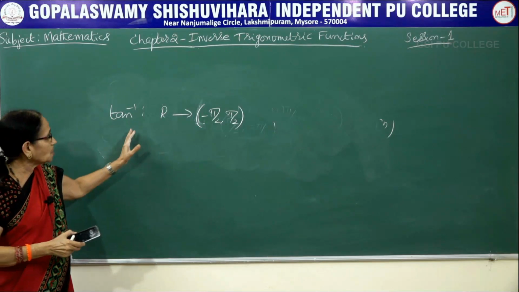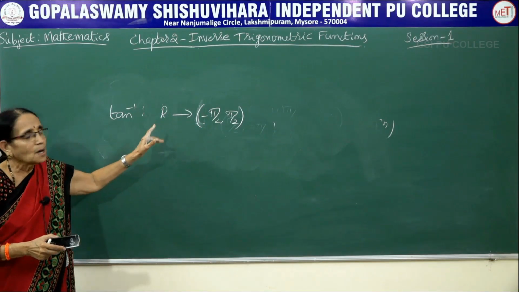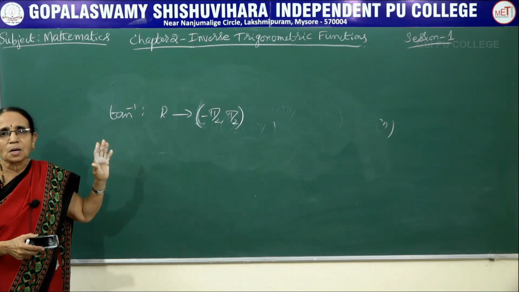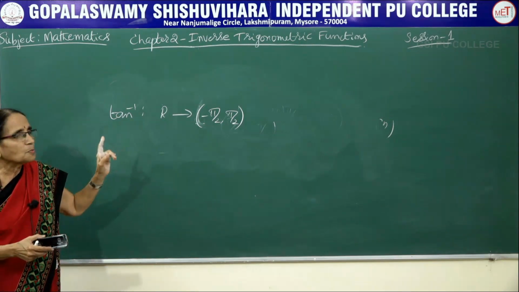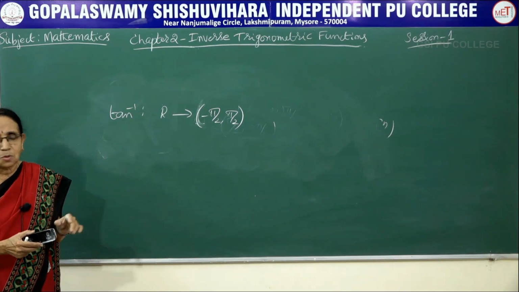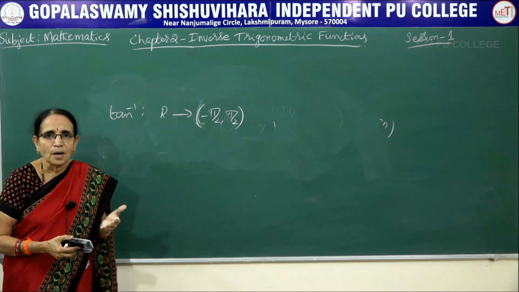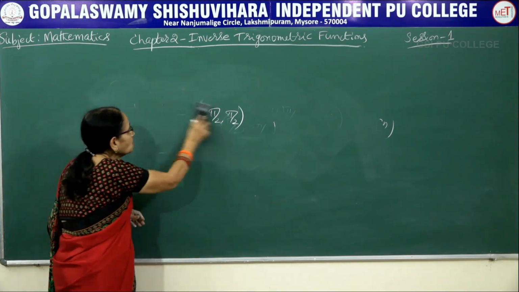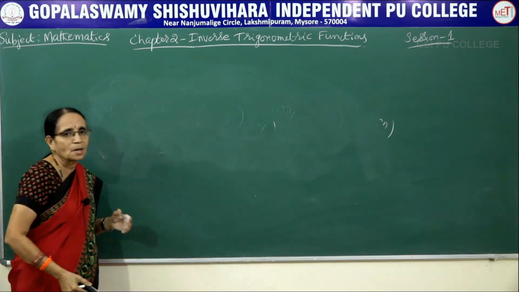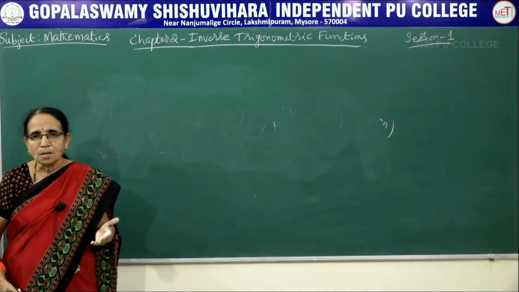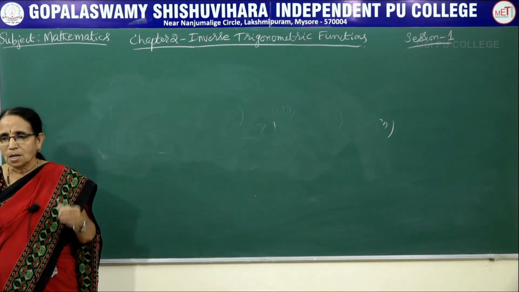That is, the domain of the tan inverse function is the set of real numbers, and the range becomes the open interval minus pi by 2 and plus pi by 2. Now, similarly, we can define the remaining 3 inverse trigonometric functions, that is secant inverse, cosecant inverse, and also cot inverse.